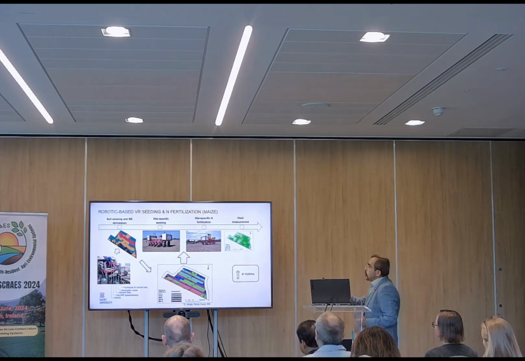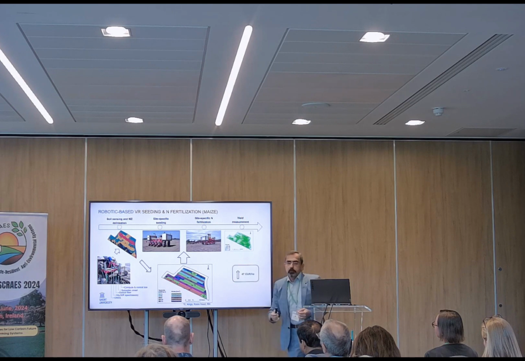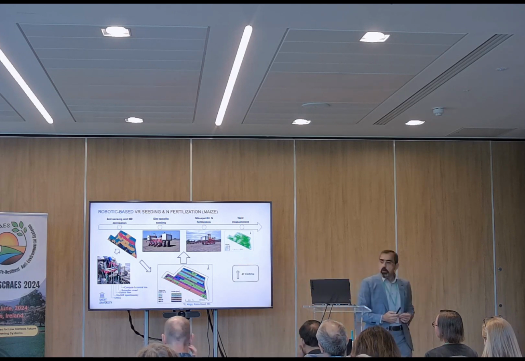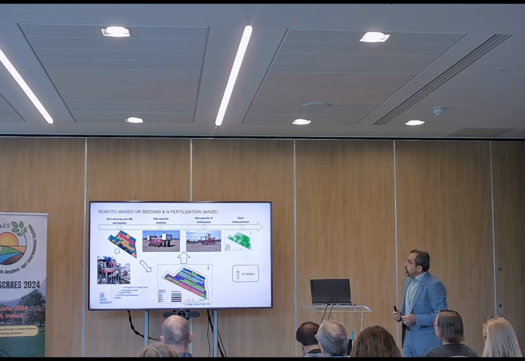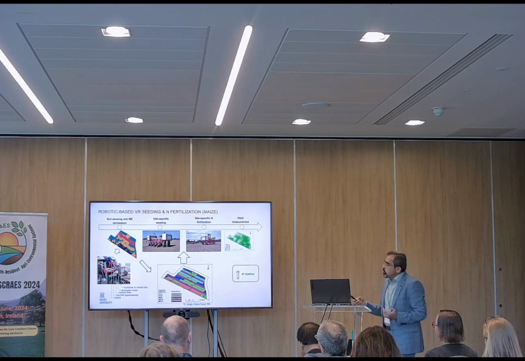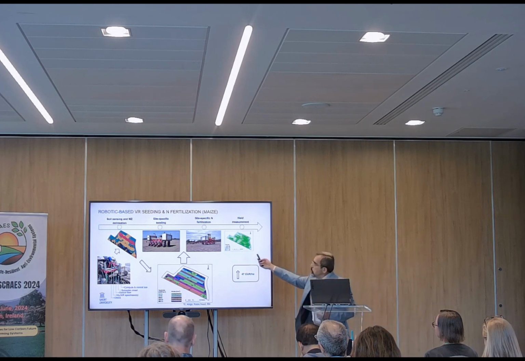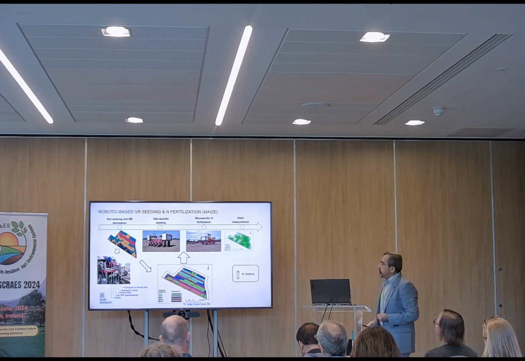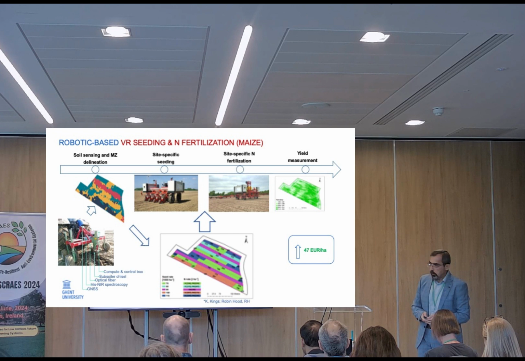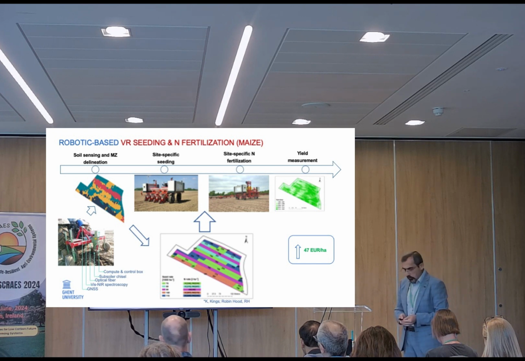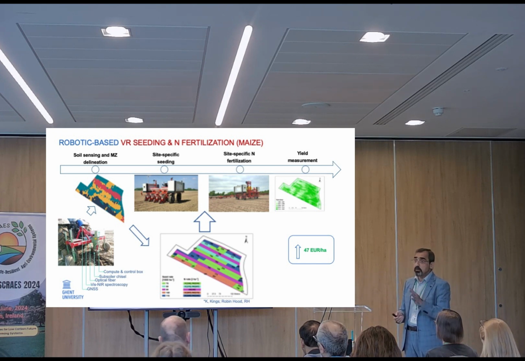And again, I can then produce variable rate nitrogen fertilization the way I explained before, and that also can be optimized fully, and then I can compare that with the yield map, and we have seen an increase in gross margin of 47 euros per hectare. Of course, this is only one cropping season application, except nitrogen fertilization. I can now trustfully say I can make an average of 40, 50 euros per hectare without problem.